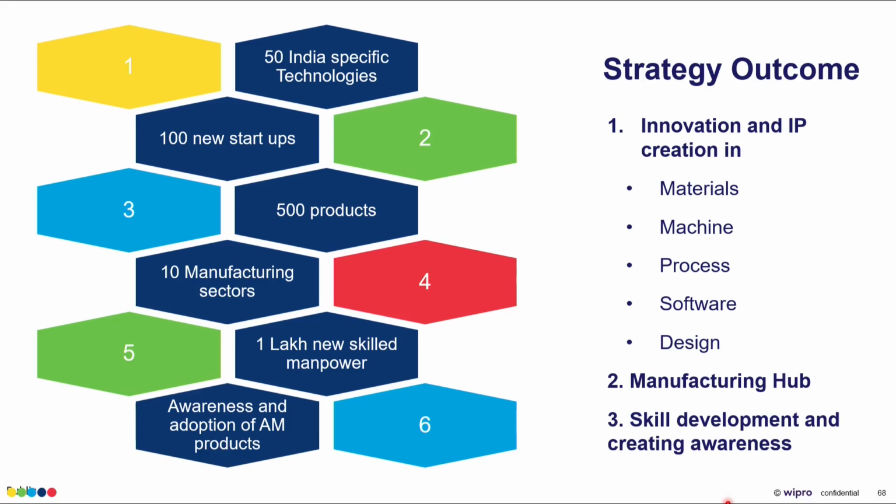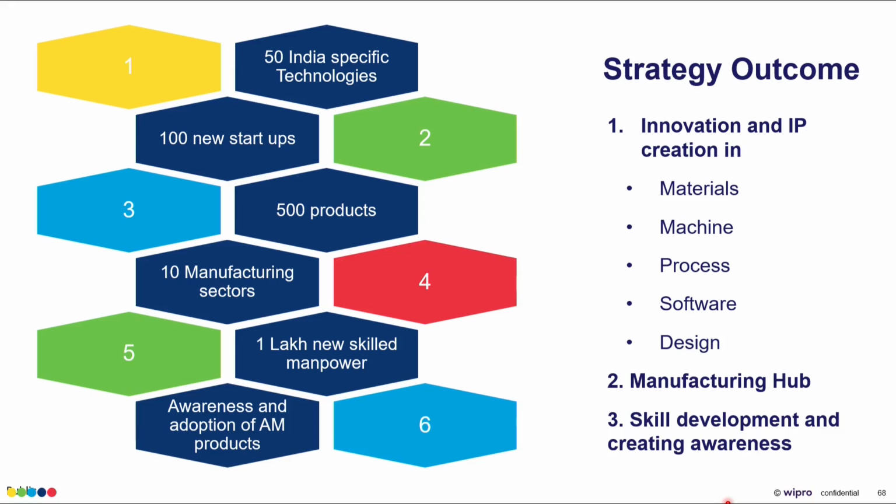The first one is that they want 50 India specific technologies. When we say technologies, it is probably the processes themselves, right, AM processes, or maybe some customized post processing techniques like automatic support removal or something like that.